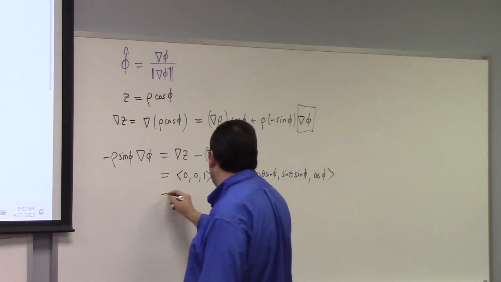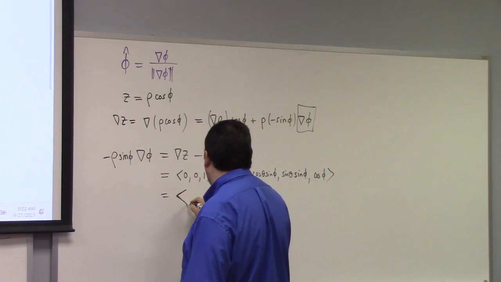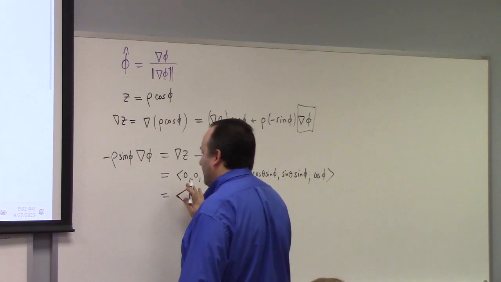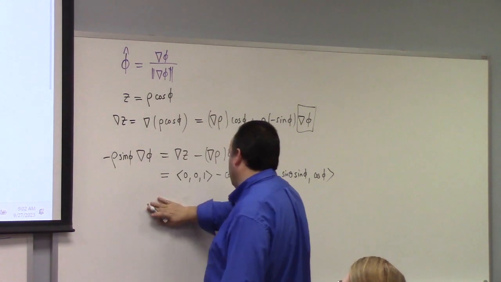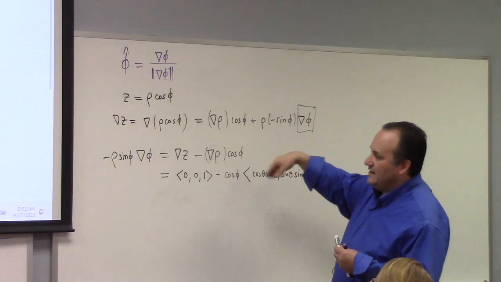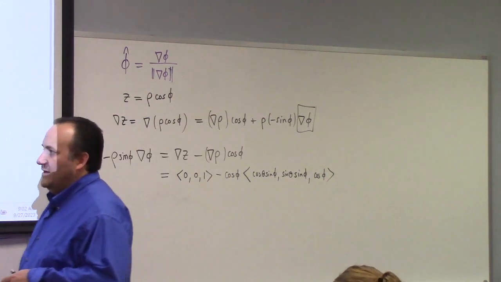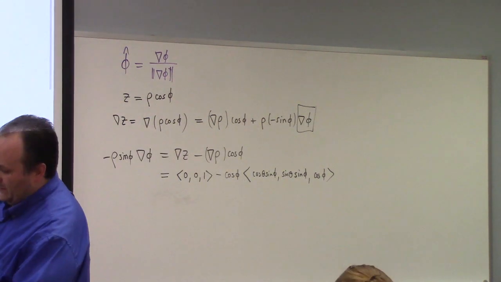Let's see here. Well, anyway, I don't think I have time to finish this, but you could continue this and derive the gradient of phi and then normalize it to get phi hat. I'm pretty sure there's just a typo in the notes right here, okay, guys?